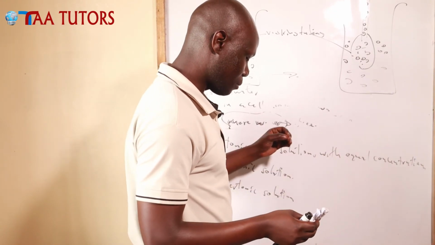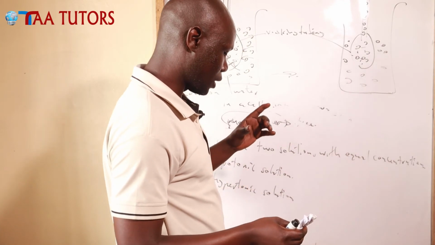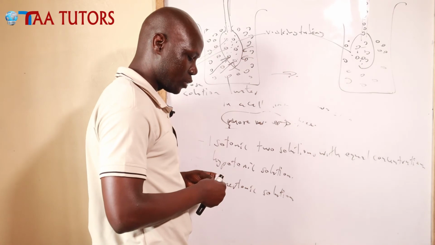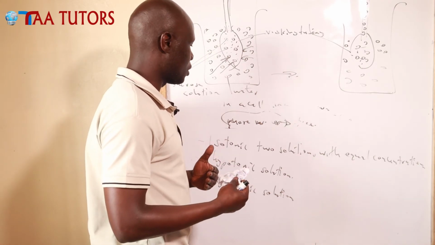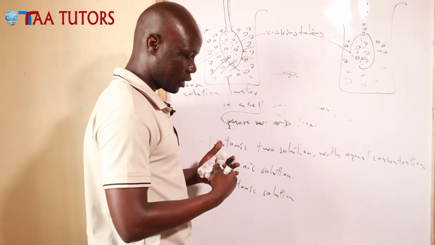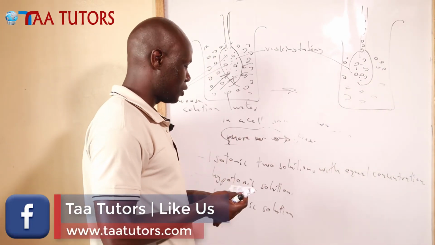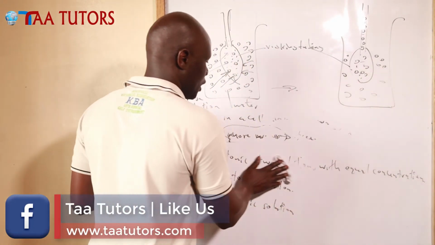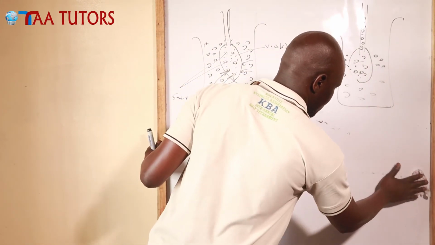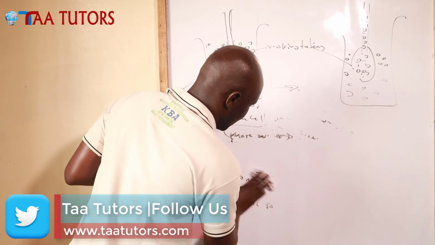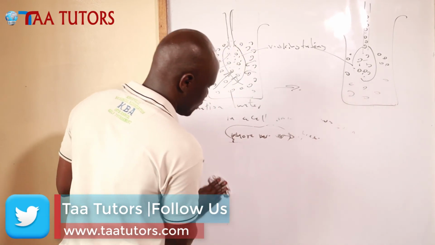Now these ones are very important for us, so they help us to see how the cell will be functioning, so that we see which cell will be gaining water and at what point, and which cells are not going to gain water, and how this will be helping the cells. This helps us to understand how osmosis takes place in the plant cell and in the animal cell, and how this is of importance to us.